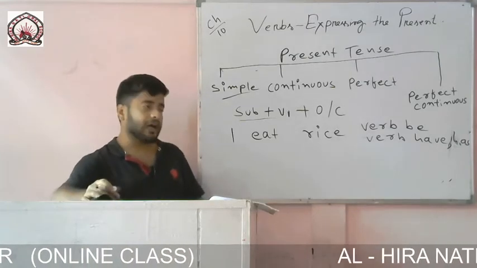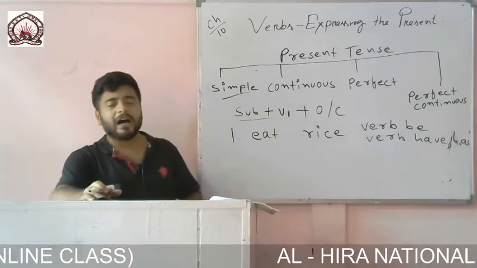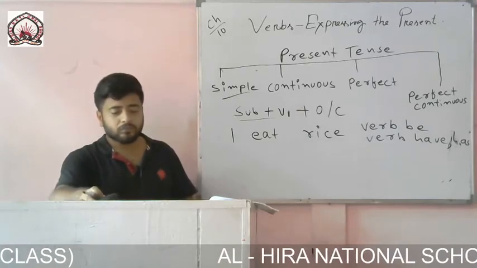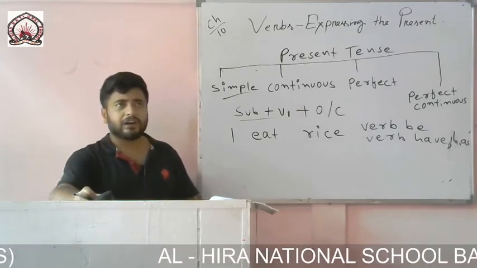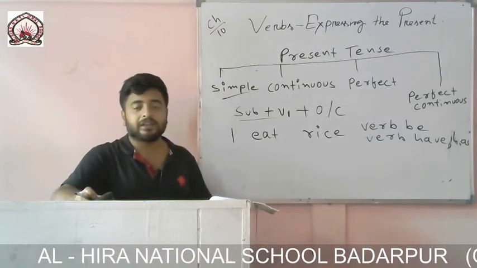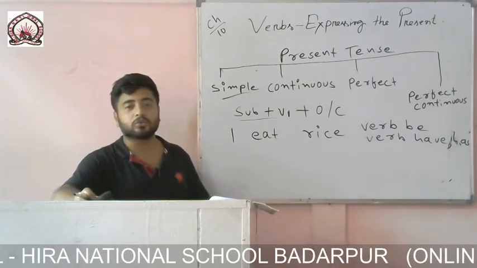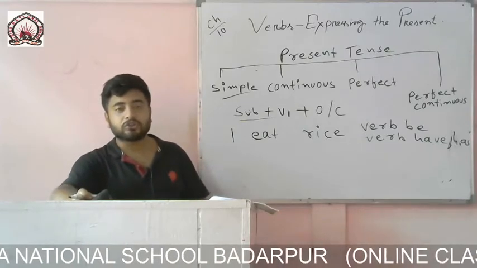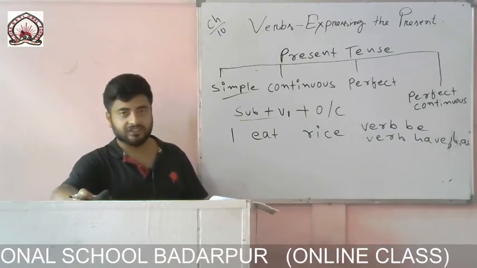Understood or not? Now, another function of verb be and verb have or has is that they are also used to form other tenses.